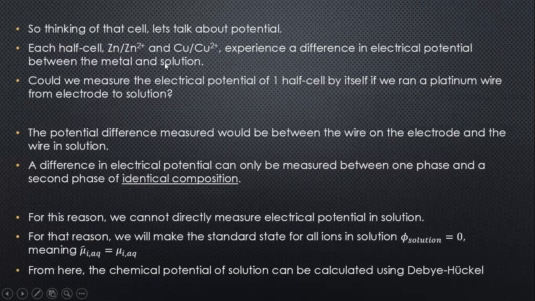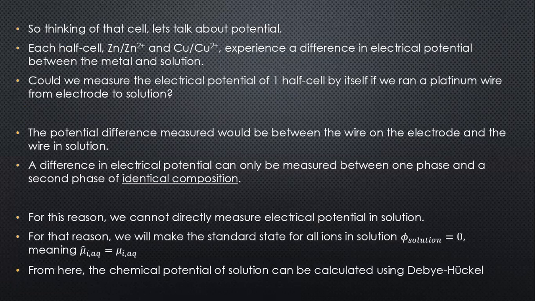Let's talk about potential. Each half cell will have a difference in the electrical potential between the metal and solution, which is why it flows from one way to another. Now, would it be possible to measure this electrical potential of a half cell by putting a platinum wire, which is unreactive, dipping it in solution and dipping it on the electrode to complete a circuit?